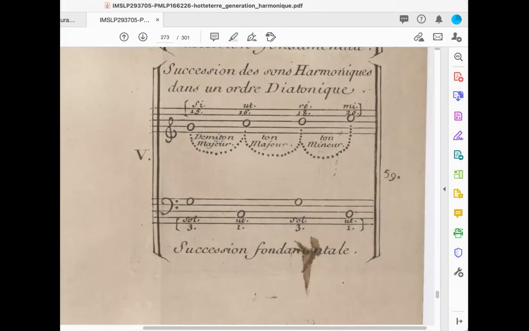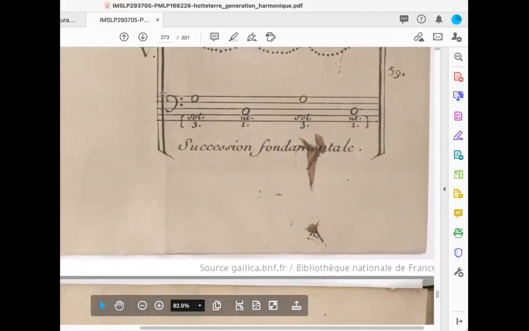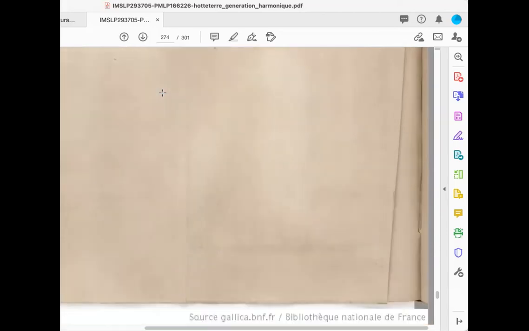So even if we just hear this melody, si, ut, re, mi, our ear gives sense to that because underneath it, we're hearing this fundamental succession. Si, ut, re, mi. We always hear harmonically first. And this is Rameau's principle that harmony gives rise to melody.